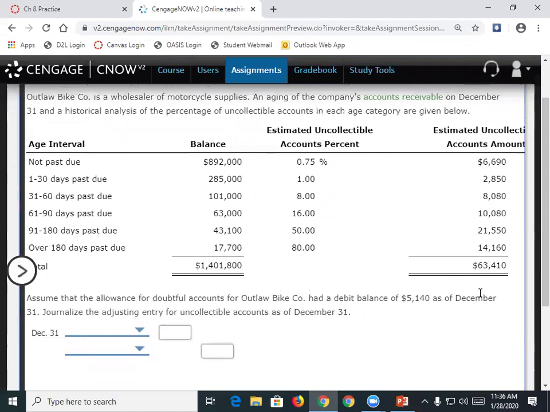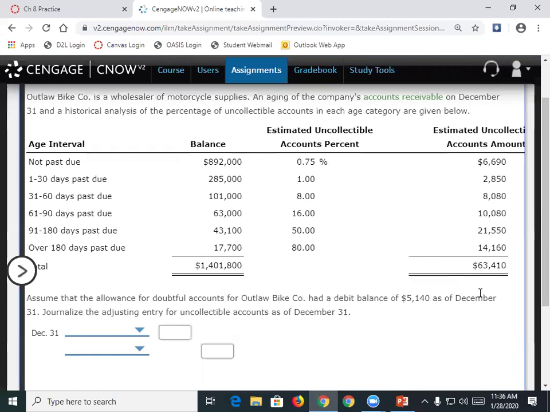So again, what that means is that the $63,410 is our desired ending balance. Okay, so $63,410 is what we want as our ending balance. And then it says, assume that the allowance for doubtful accounts has a debit balance of $5,140.